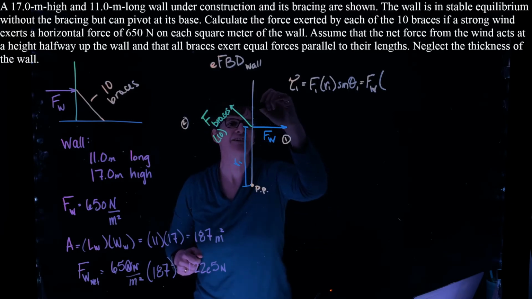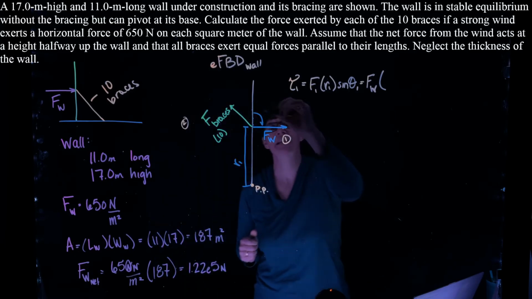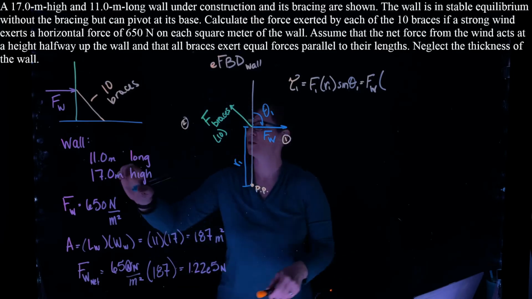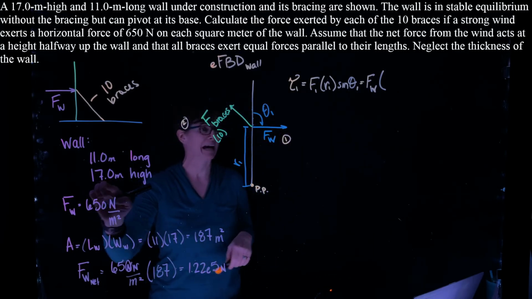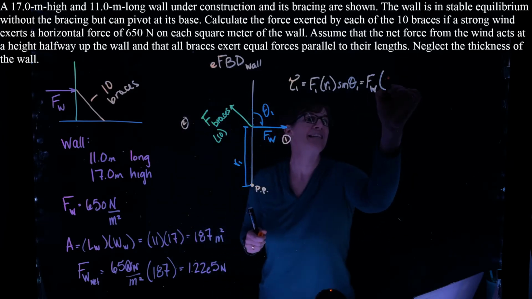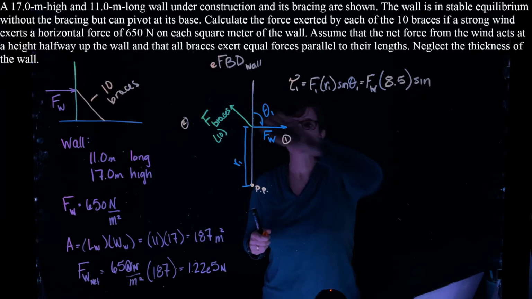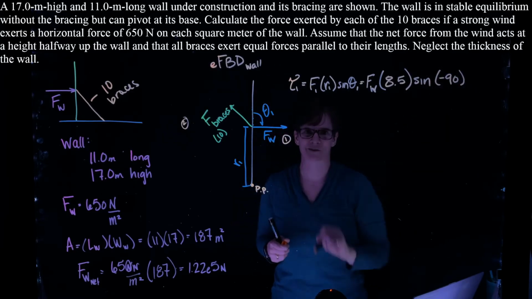And that angle, if we extend that radius, curl to the force, this is theta 1. So we know that that wall is 17.5 meters high. So the radius is 8.5 meters. And this angle is negative 90 degrees.